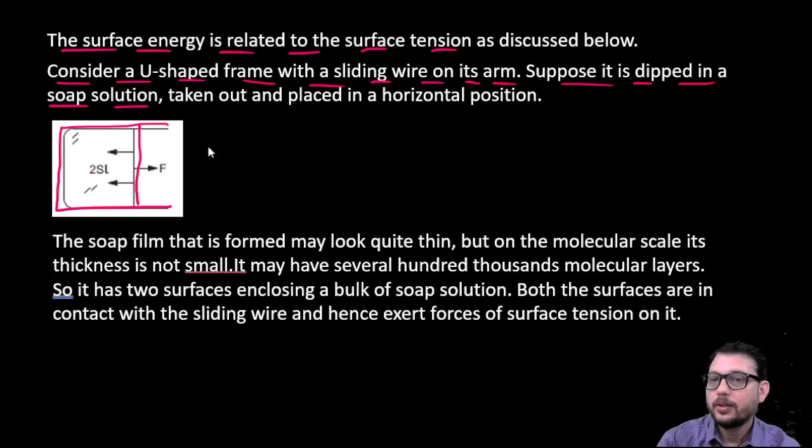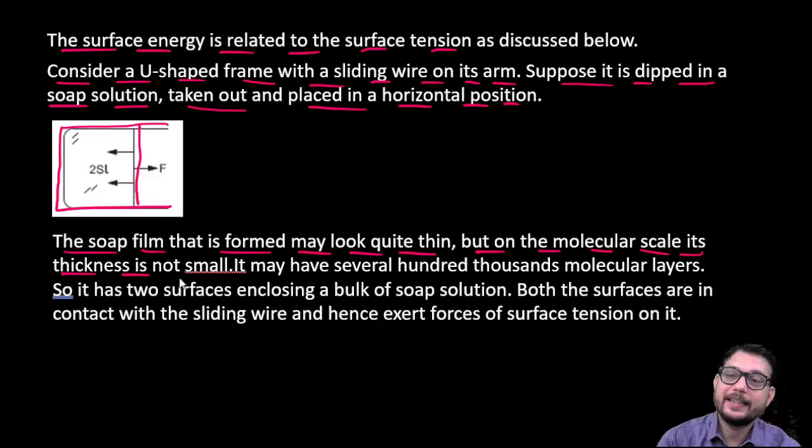Now we dip it, take it out, and place it in a horizontal position. The soap film that is formed may look quite thin, but on the molecular scale its thickness is not small. It may have several hundred thousand molecular layers.